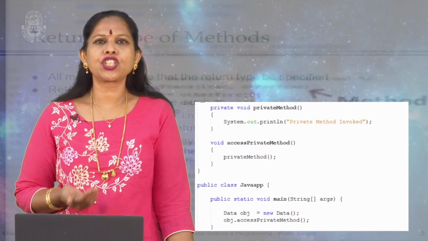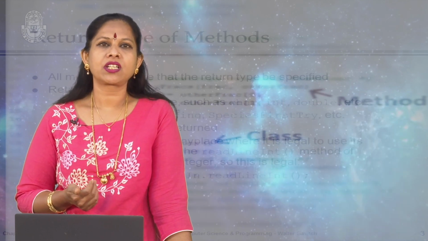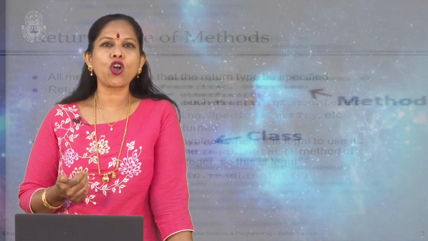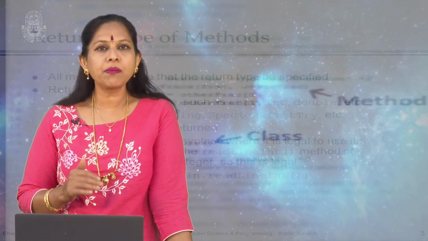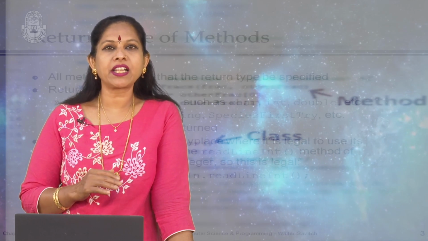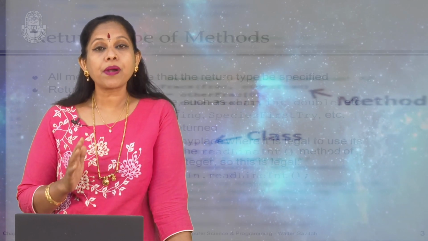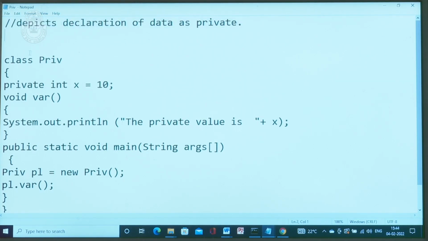Any representation unique to the implementation is declared private. An object's primary job is to encapsulate its data and limit manipulation. This is achieved by declaring data as private. This program depicts declaration of data as private.